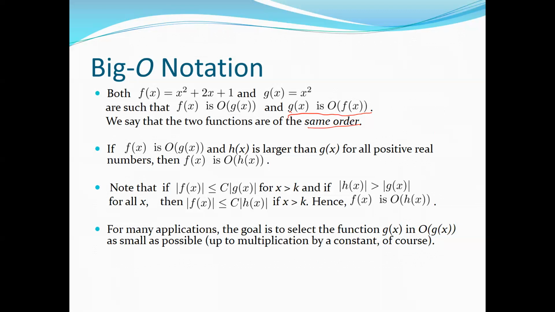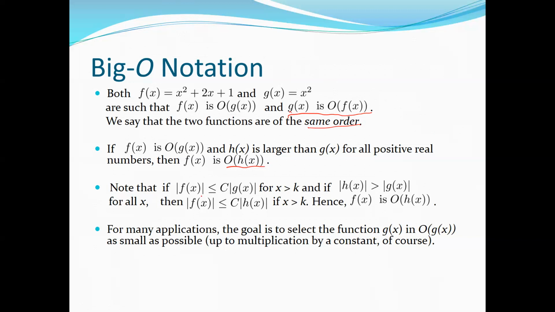So if f(x) is big O of g(x), and there is another function h(x) that is larger than g(x), then for all positive real numbers, we say that f(x) is big O of h(x) as well. Why? Because g(x) is already big O of h(x), then consecutively f(x) is big O of h(x) as well.